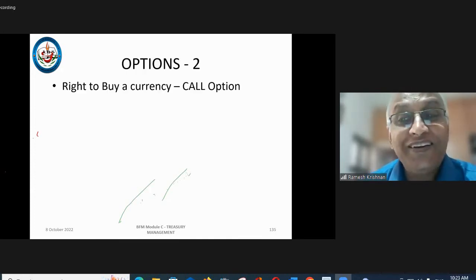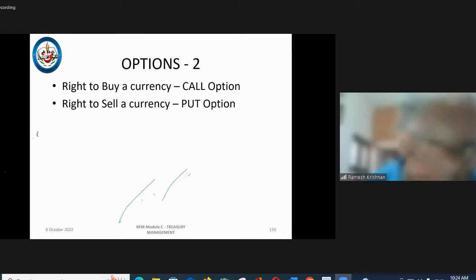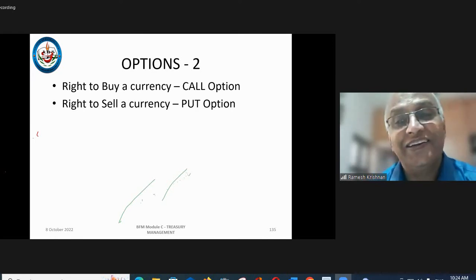Now, be very clear on this. Right to buy a currency, right to buy a stock, right to buy an interest rate, everything is a call option. Buy. And the right to sell a currency is a put. Generally exporters have dollars coming into their account and they will need a put option, the right to sell a currency.